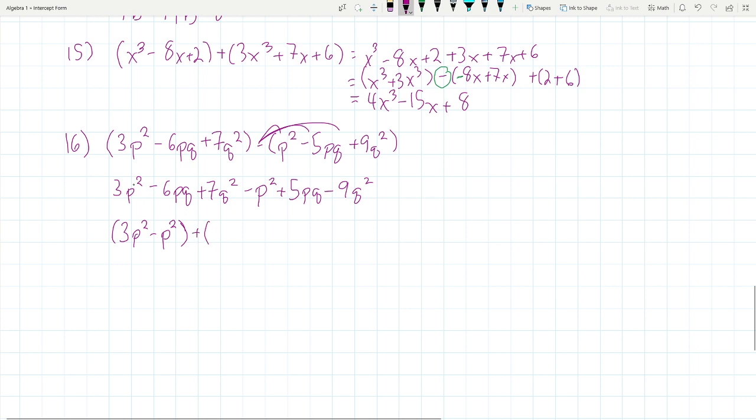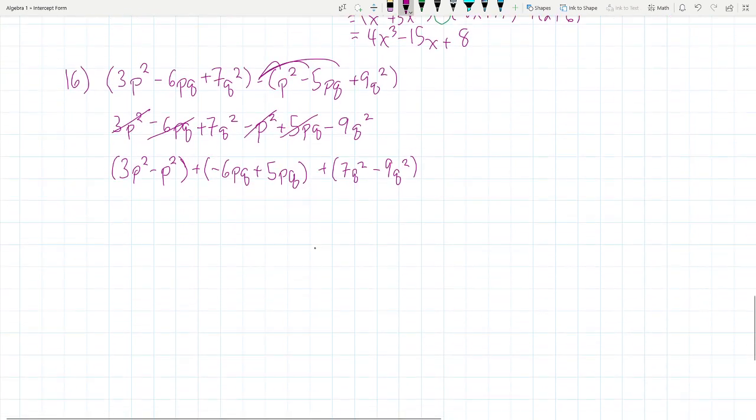Then I'm going to do a plus, and find my next term. Some people like to focus on specific ones. I just go the next one in line, and then I might adjust later. So looking at this, I've got negative 6pq plus, oops, I'm going to scratch that out, 5pq, and that's all the pq's, so then a plus, and then I go 7q squared minus 9q squared, and that's all the q squareds.